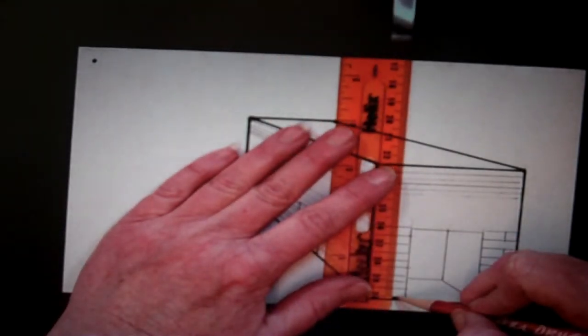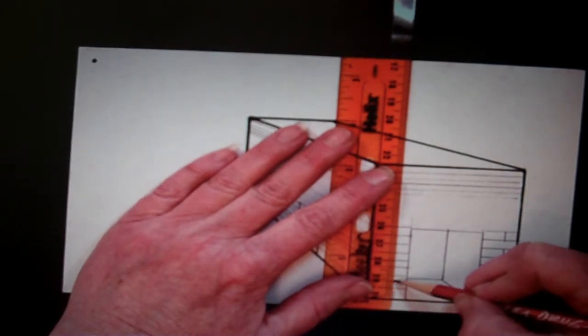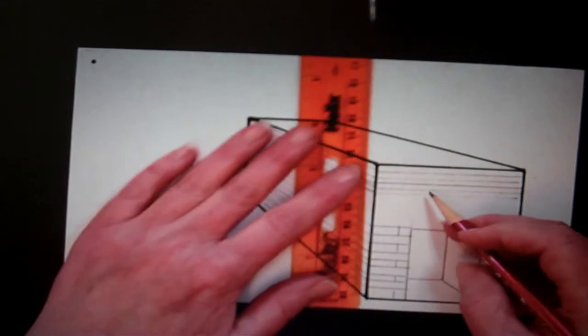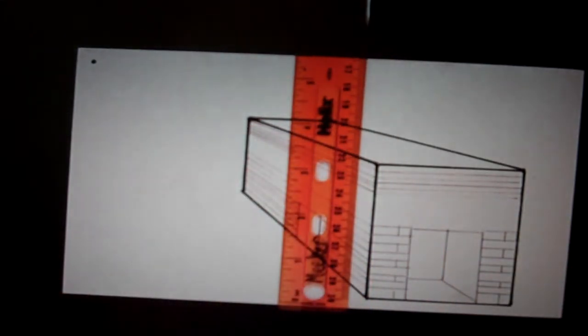So on the same set of rows, we're going to do the entire length of the building with the same row. So if you started like I started on my bottom row, you're going to still work on your bottom row. I don't really need another line right there, so I'm going to skip over here and do a line. So do your other verticals, and then just keep going on that same row.